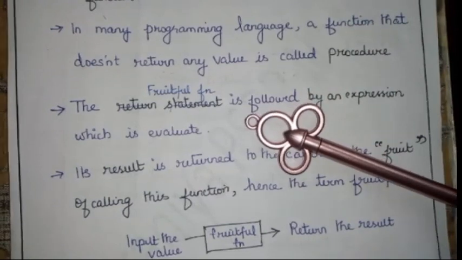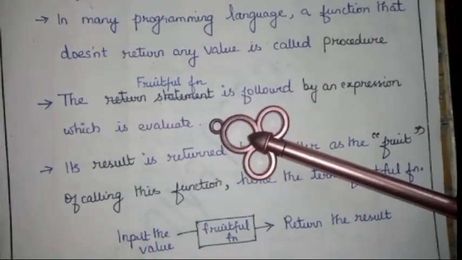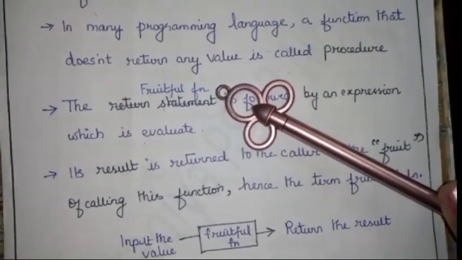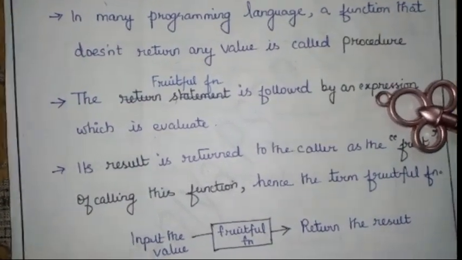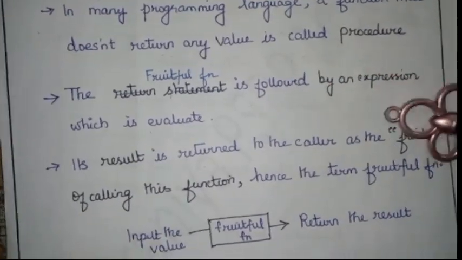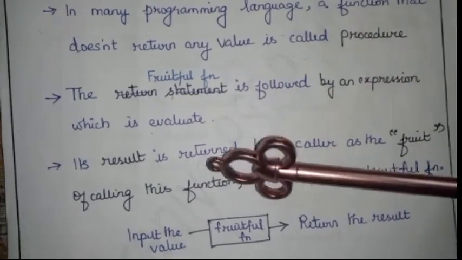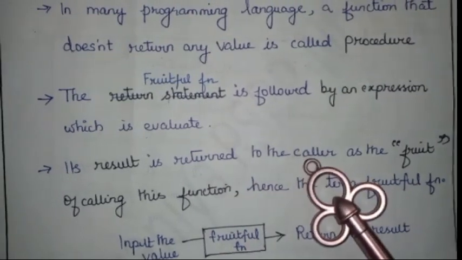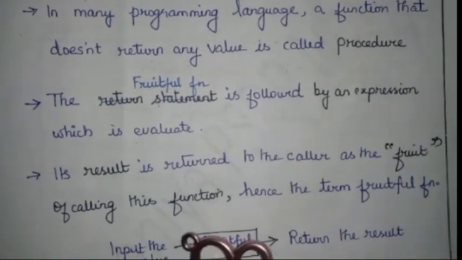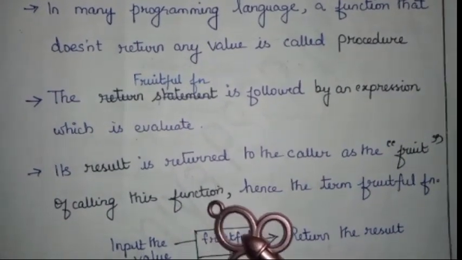The fruitful function is followed by an expression which is evaluated. A fruitful function will have an expression. That is what they mean to say. That expression will be evaluated and it will return a result or a value. Result is returned to the caller as a fruit of calling this function.